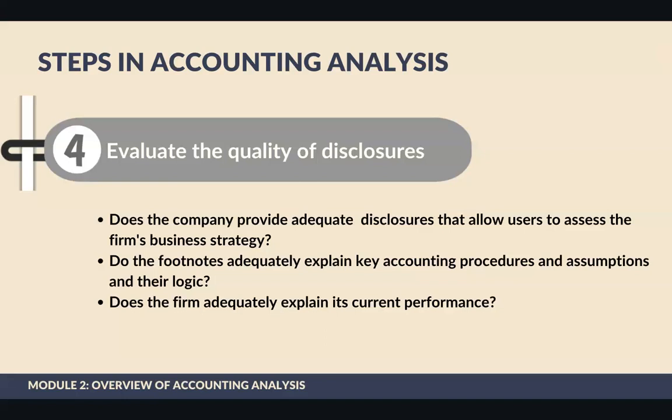Aside from this, the notes should explain further why the numbers were what they were. They should be able to explain the current performance of the year, and they should be able to highlight the things that happened, especially the unusual ones.